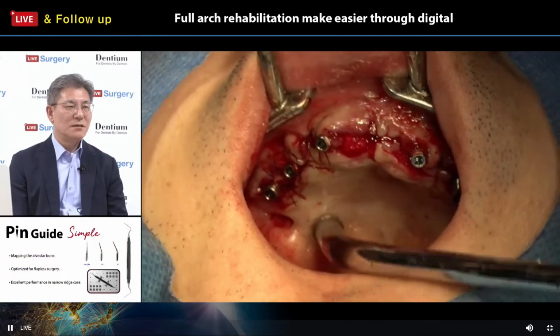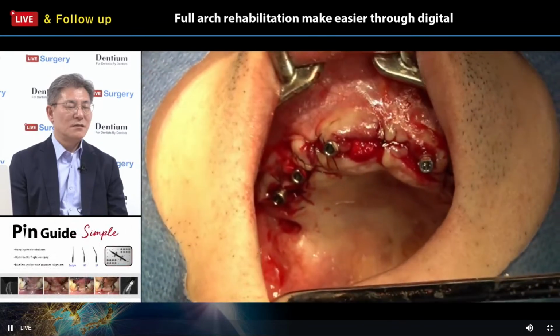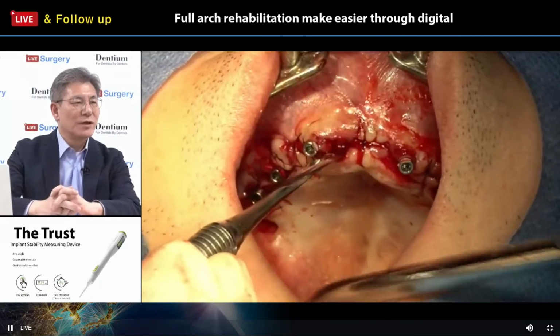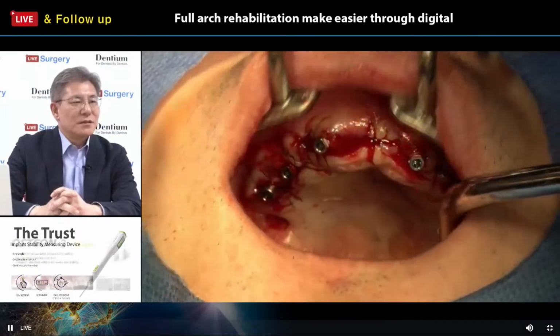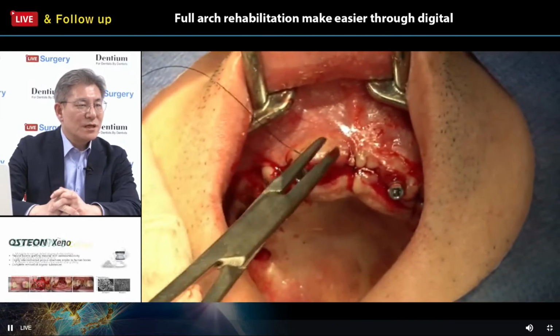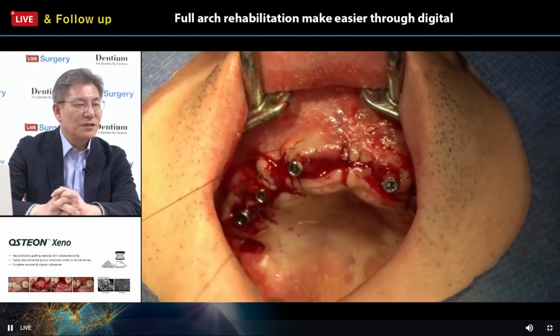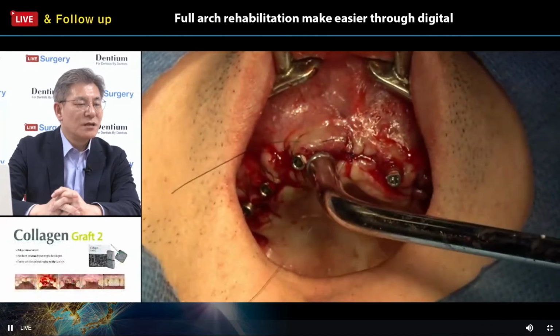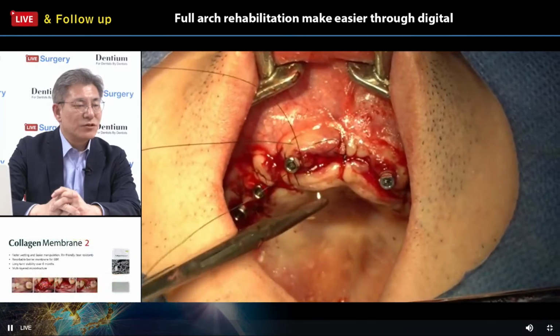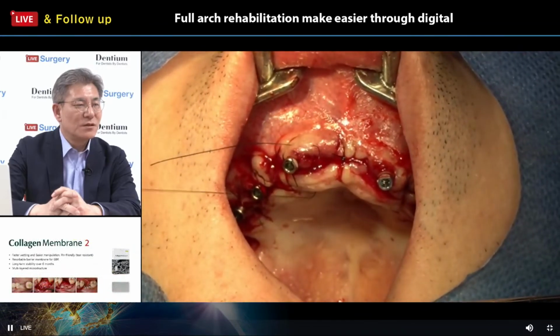Okay. It was done on the right upper jaw area. So actually 1 or 2 stitches are needed for finishing today's surgery. The suture material is 5-0.